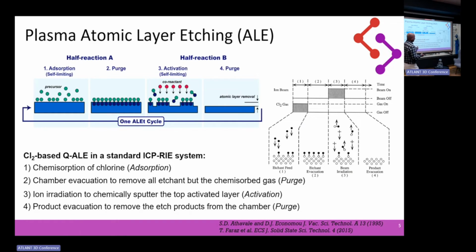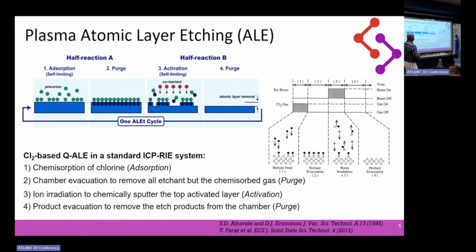This is a cyclic process. The cycle consists of four steps. In the first step, we modify the layers with external gases. Let's say in the silicon case, we use chlorine just to modify the layers. That is the first half cycle.